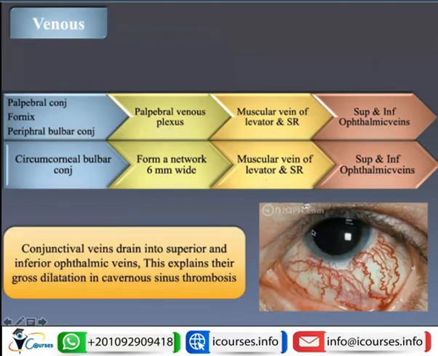So in case of cavernous sinus thrombosis, there will be marked dilatation of the superior and inferior ophthalmic veins due to stagnation of the venous blood, leading to more stagnation of blood in the conjunctival veins, leading to the characteristic appearance of what is called corkscrew conjunctival vessels.